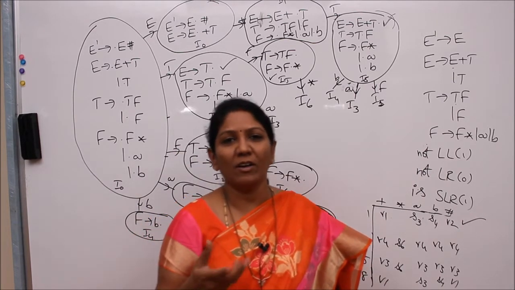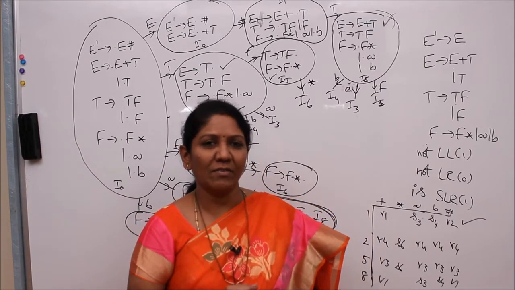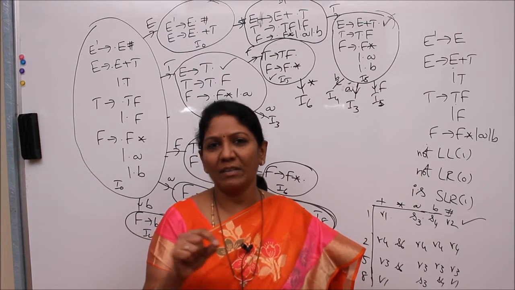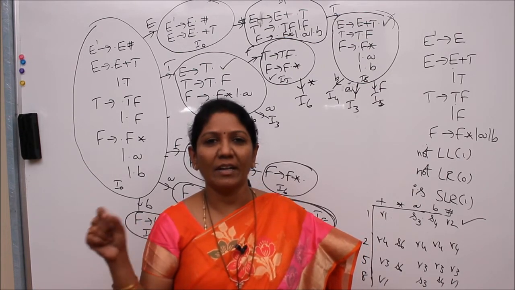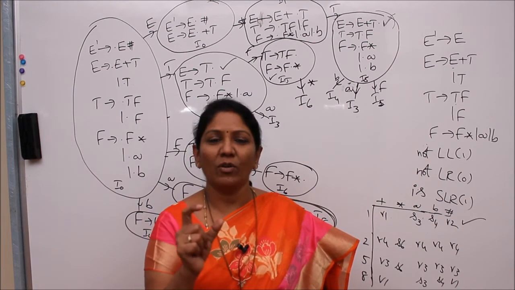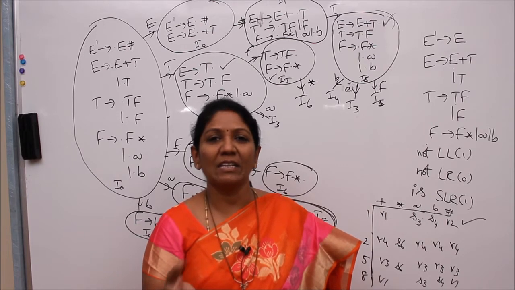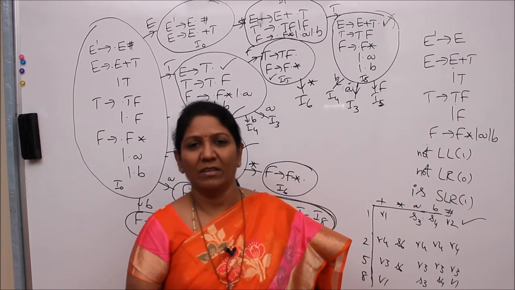That means the possibility of multiple entries is more and more. How is that reduced in SLR1? In SLR1 we are placing that reduce entry not under every column but only under the follow set. Follow set is used as a look ahead. That's the reason SLR1 is better than LR0.